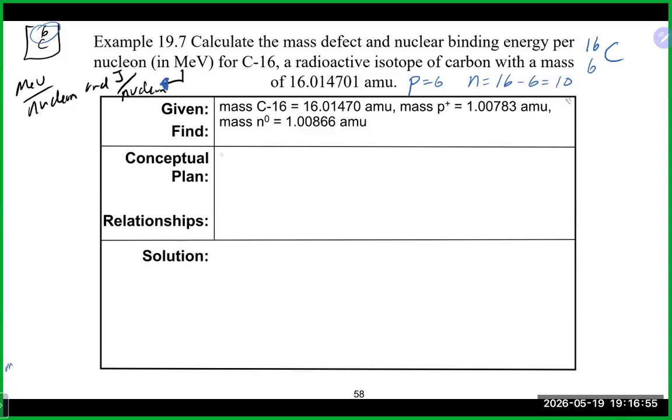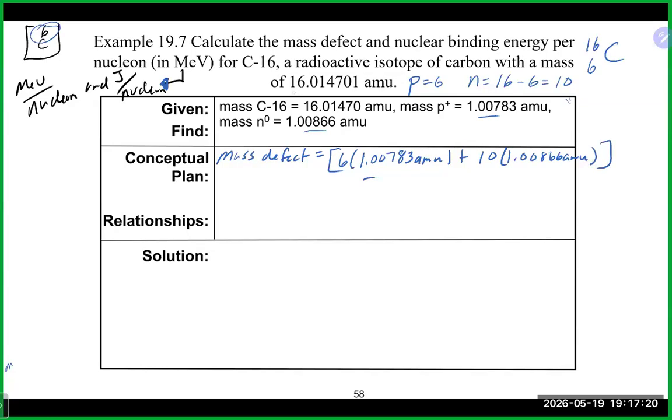So we can get our mass defect by calculating the difference between our protons and neutrons and the mass of the isotope. So 6 times the mass of a proton, 1.00783 AMU, plus 10 times the mass of a neutron, 1.00866 AMU.